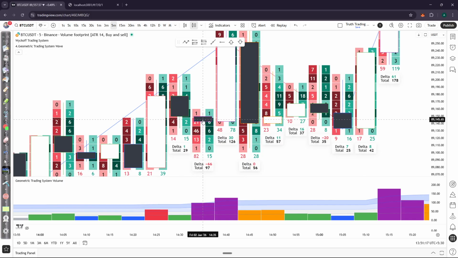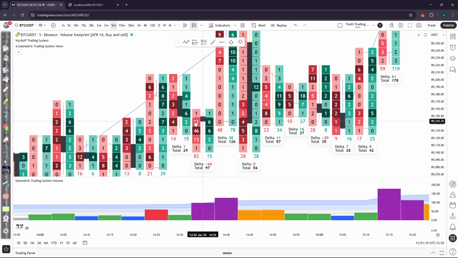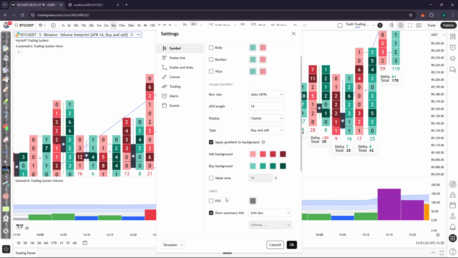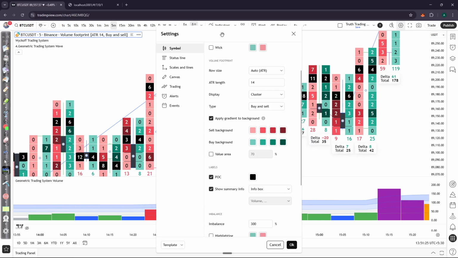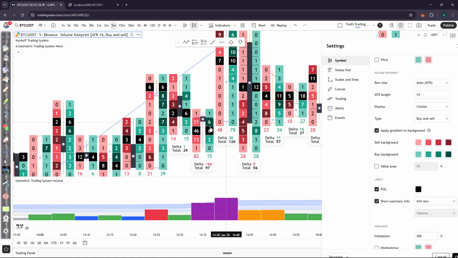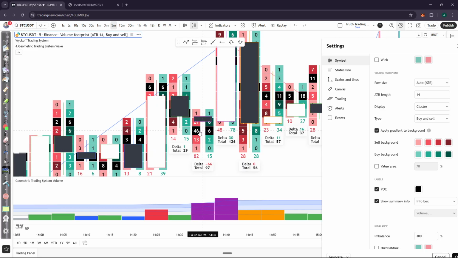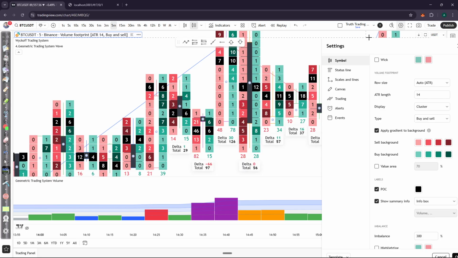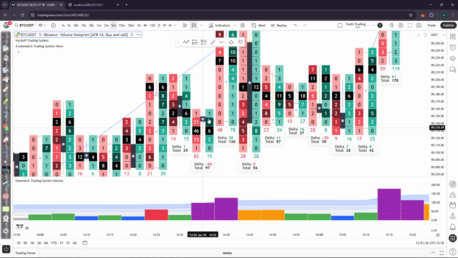And that's where, after that, the market went up. And if you want more detail, you can actually put the volume point of control there. That will show you what was the volume point of control, which was this one. Okay, so yeah, the market actually closed near the high.